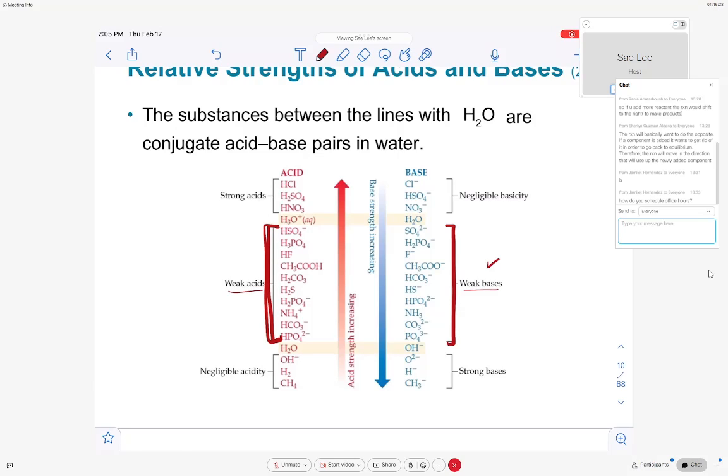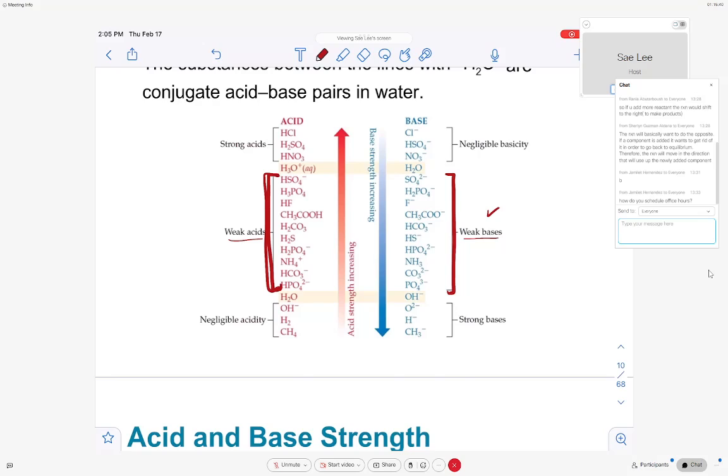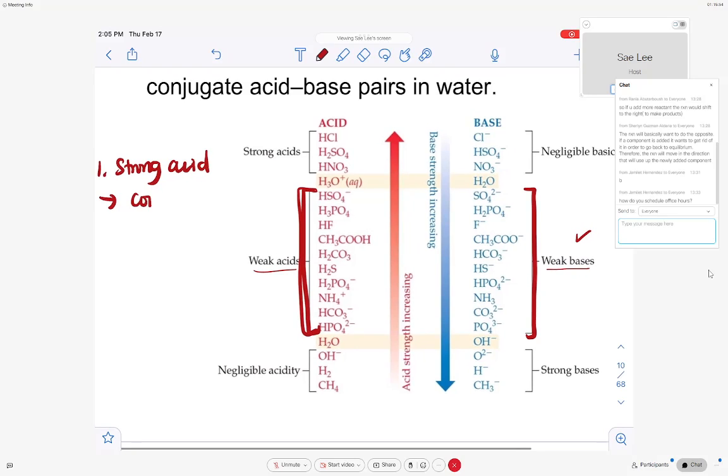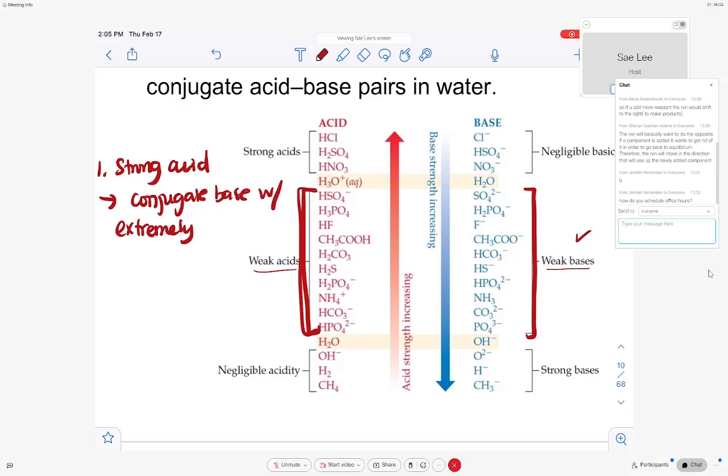So there are three things to remember from the past two slides. Number one, strong acids have conjugate bases with extremely low basicity.